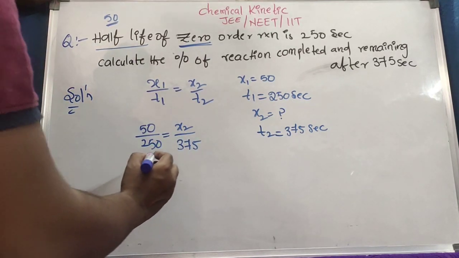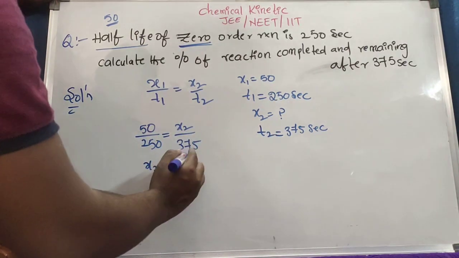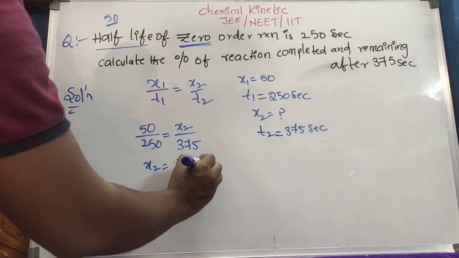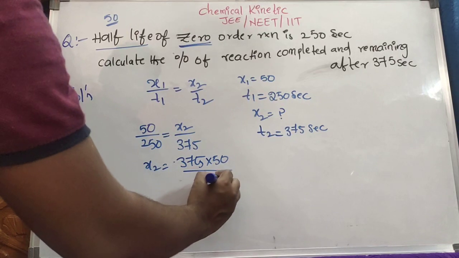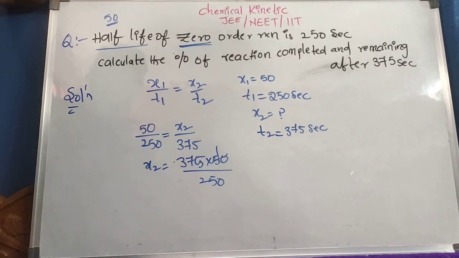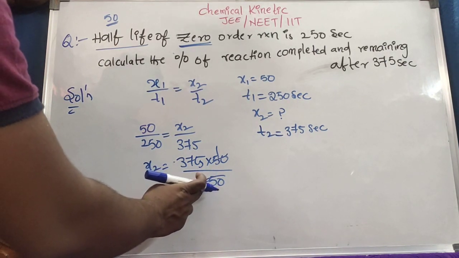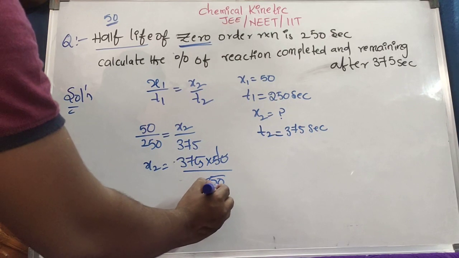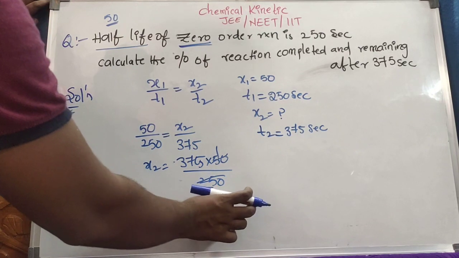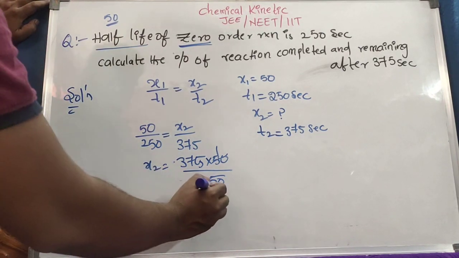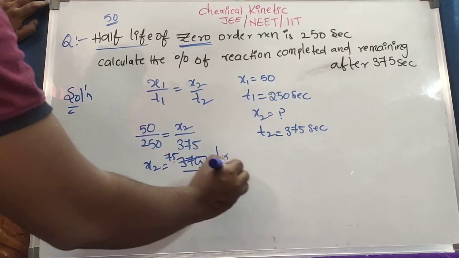Simple, x1 is 50, t1 is 250, x2 we don't know, t2 is 375. That means x2 equals 375 into 50 by 250. So 5 ones are 5, 5 sevens are 35, and 5 fives are 25, yeah, 75.